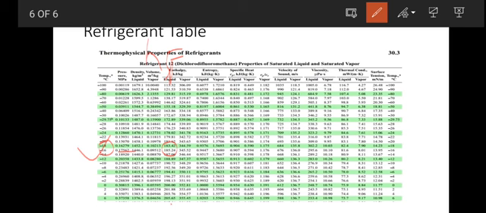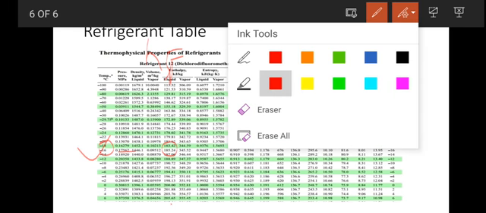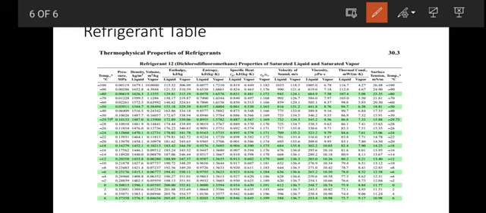Now in the enthalpy column, the second column is for vapor, that means hg. At the corresponding saturated gas point, the enthalpy is 344.59 kilojoule per kg. So this is the hg.